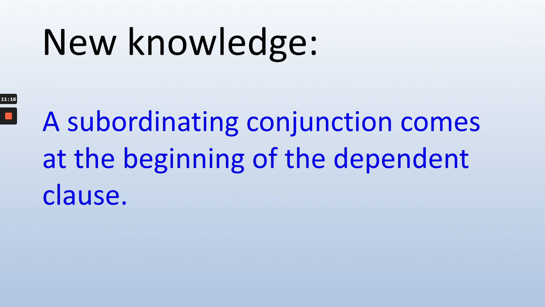Right, now we know that dependent clauses are a group of words that don't make sense by themselves. Now we need to learn what a subordinating conjunction is. My turn. A subordinating conjunction comes at the beginning of the dependent clause.